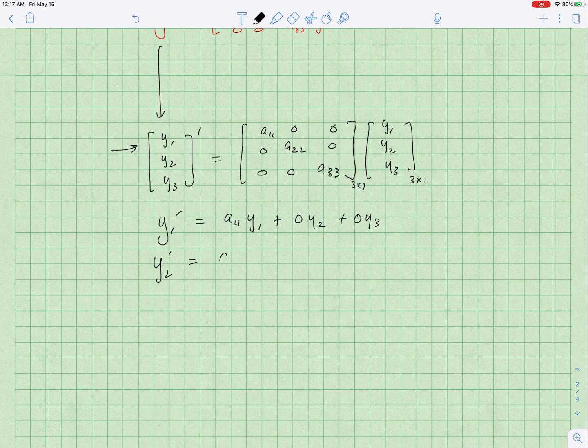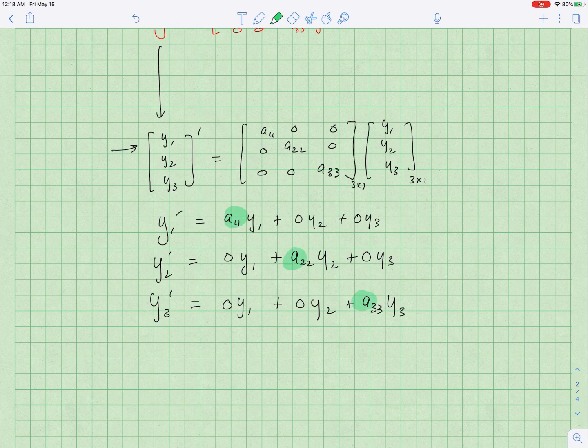And y2 prime is equal to 0 y1s plus a22 y2s plus 0 y3s. And y3 prime is equal to 0 y1 plus 0 y2 plus a33 y3. And this is, of course, fundamentally different than the system that we started with, being that this one is diagonal.